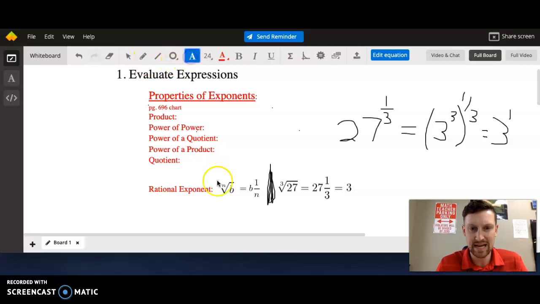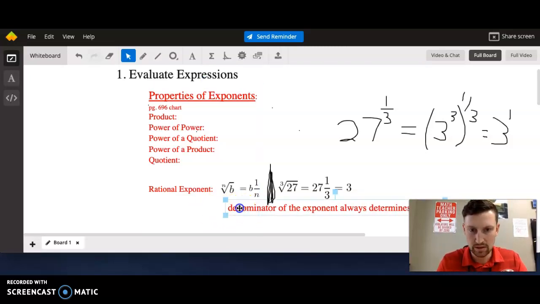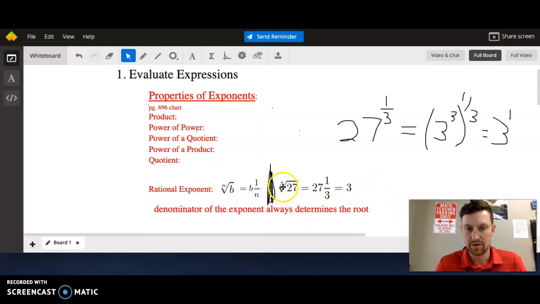Maybe a last bit of text you'd want to add to this definition is that the denominator of the exponent always determines the root. So essentially, our example here is the cube root, which is 3, right? The cube root of 27. That root is always the denominator of your rational exponent. So 27 to the 1/3 means the cube root of 27 to the first power.